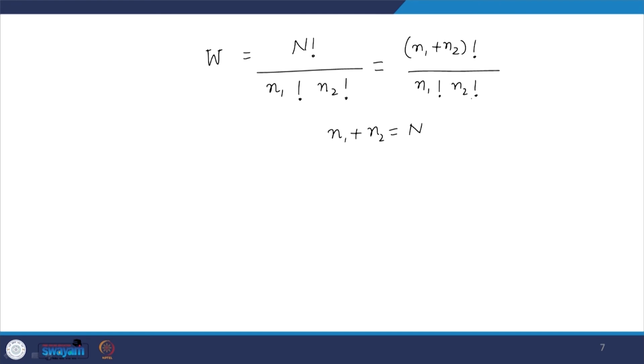The reason why I am doing this is that now I am separating the equation from the constraint. When we did the example earlier, I replaced n2 with n minus n1. So, I eliminated one variable because of the constraint. Now, we no longer eliminate that variable because we separately account for the constraint.